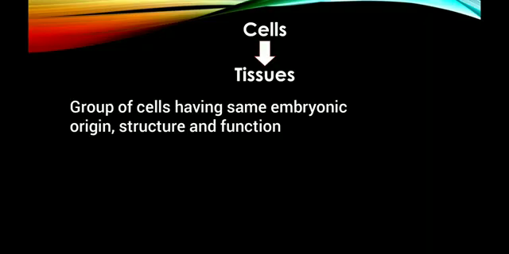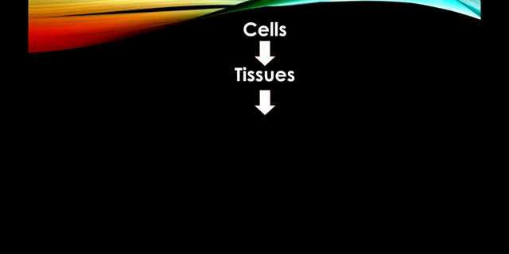Tissues are nothing but a group of cells having the same embryonic origin, structure and function. When different tissues combine together, they form organs. So organs are tissues combined together in an orderly manner.